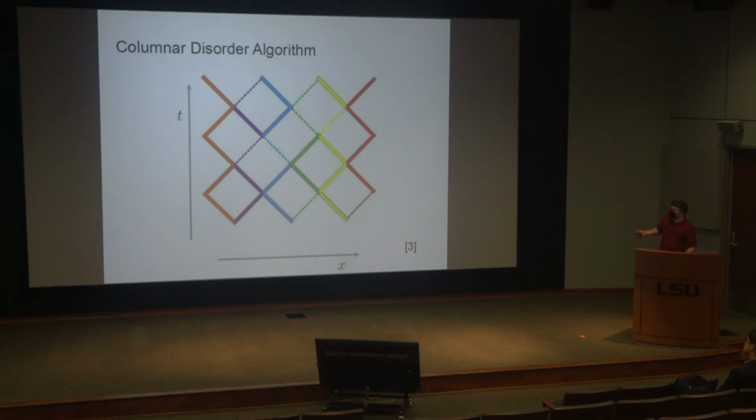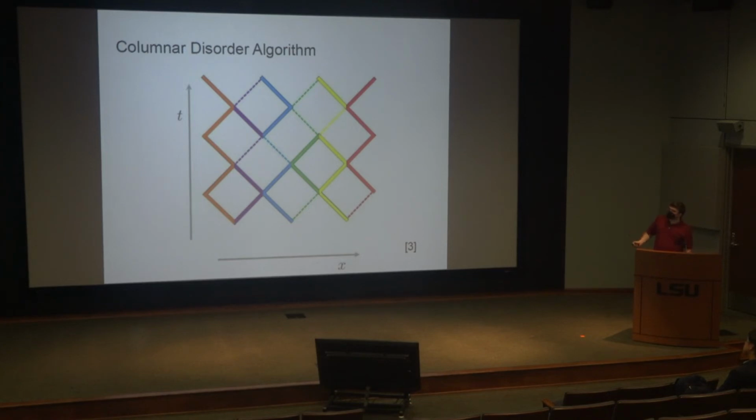There's already going to be measured little entanglements, like you see the dotted lines. But with columnar disorder, each color, each zigzag, each qubit has a different probability of having a broken bond, like a measured entanglement, no entanglement. So this qubit right here might have a 1/5 chance of having a measured bond already, but this one might have a 1/3 chance.